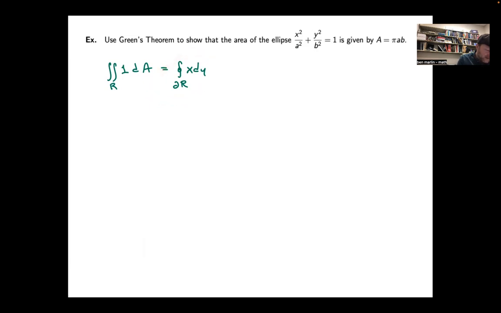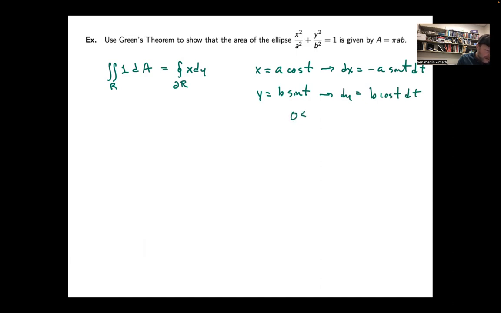And we'll just have to think about that x is going to need to be a cosine t, with the y being b sine t. We talked about parameterizing before, so y'all ought to be able to see what's going on with that. And that means that our dx is going to be minus a sine t dt, and our dy is going to be b cosine t dt.